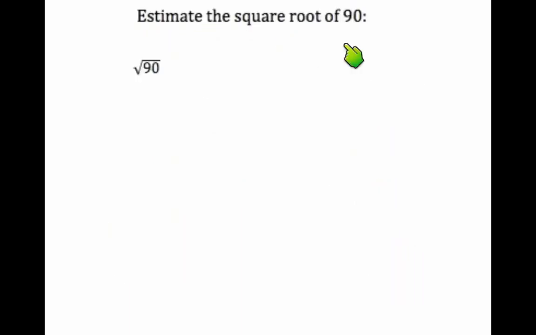So now I'm going to estimate the square root of 90. Again, I'm going to start with that number 90, and I'm going to say, what perfect square is less than it, and what perfect square is more than it? So that number is between what two perfect squares? Well, 81 is a perfect square less than 90, and 100 is a perfect square greater than 90.